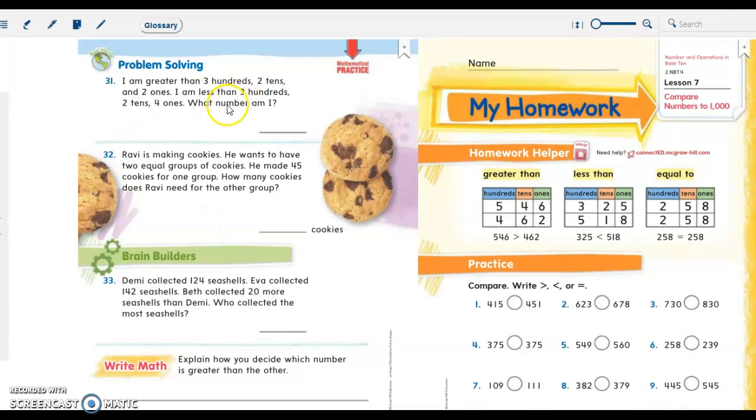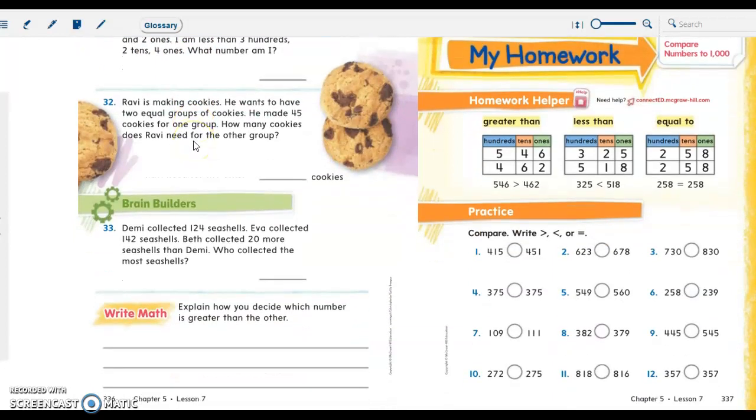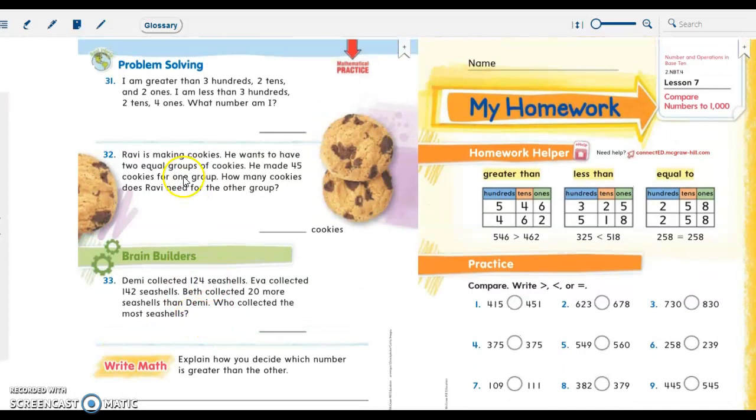And then let's go through the next page, which is page 336. Okay, 336. I am greater than 300, 2 tens, and 2 ones. I am less than 300, 2 tens, and 4 ones.